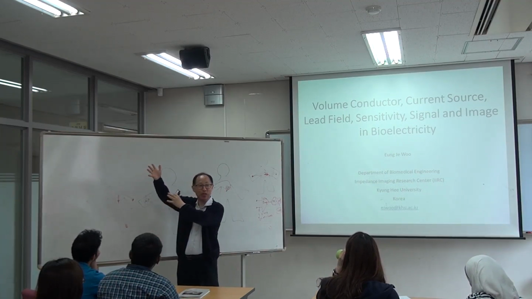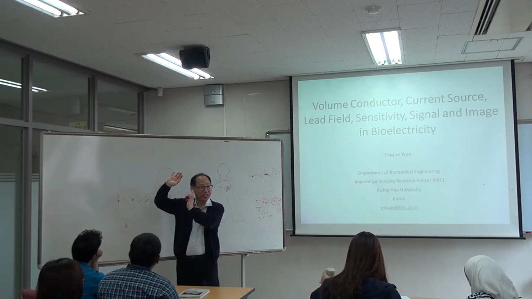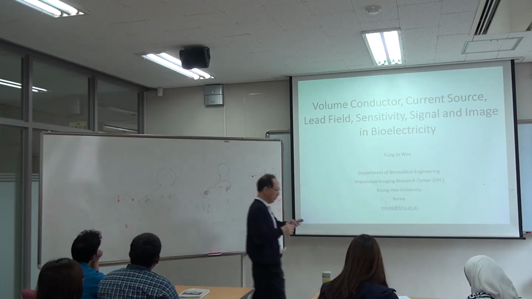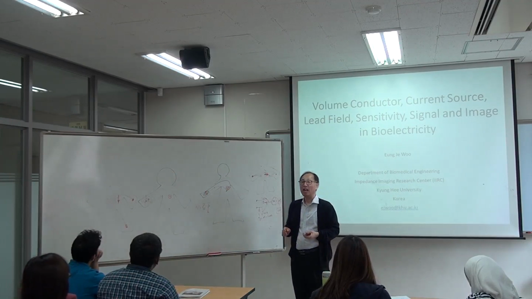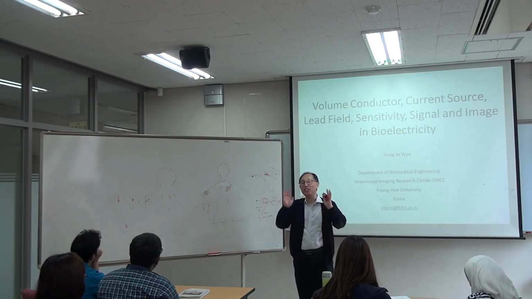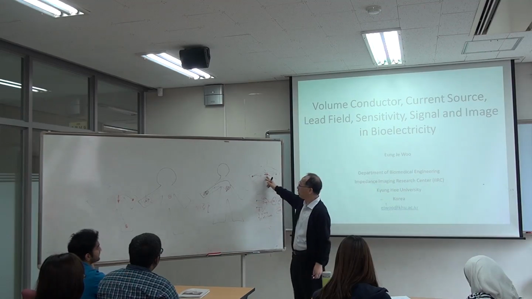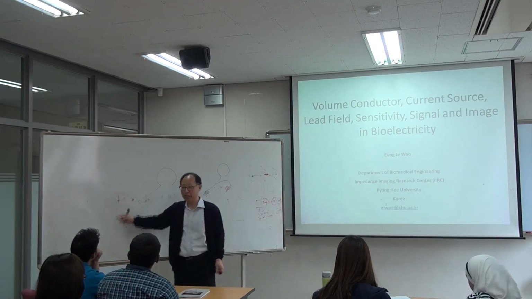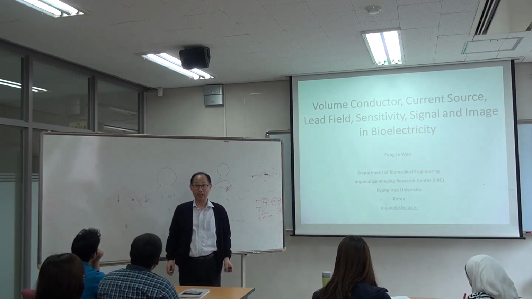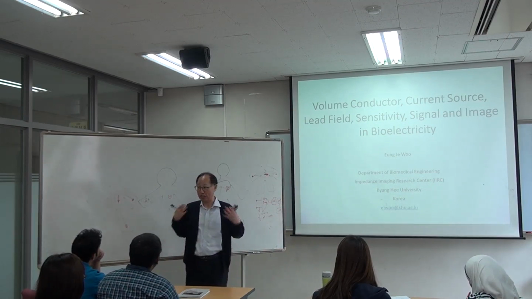The waveforms are going to be the same or different? Same or different? Amplitude is different. At a certain time, this heart and this heart, they are the same heart, right? This is a single person.